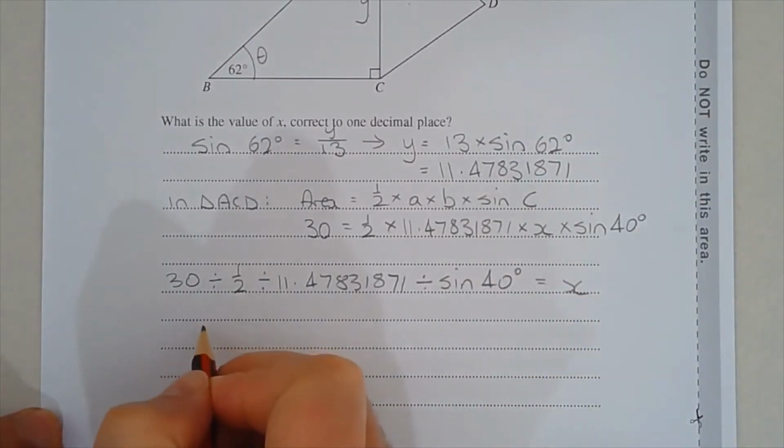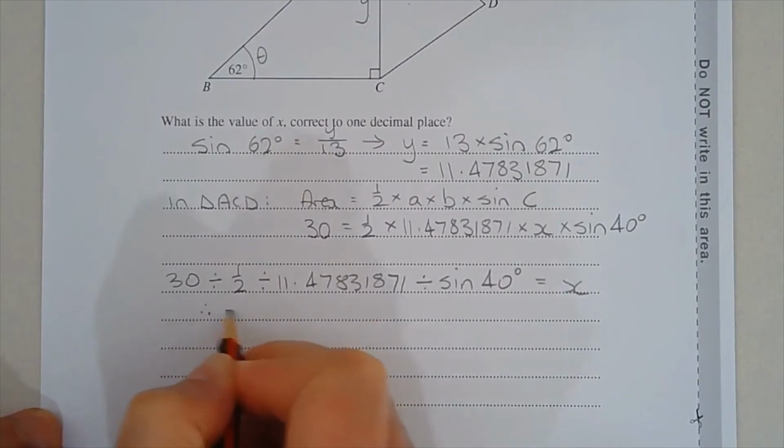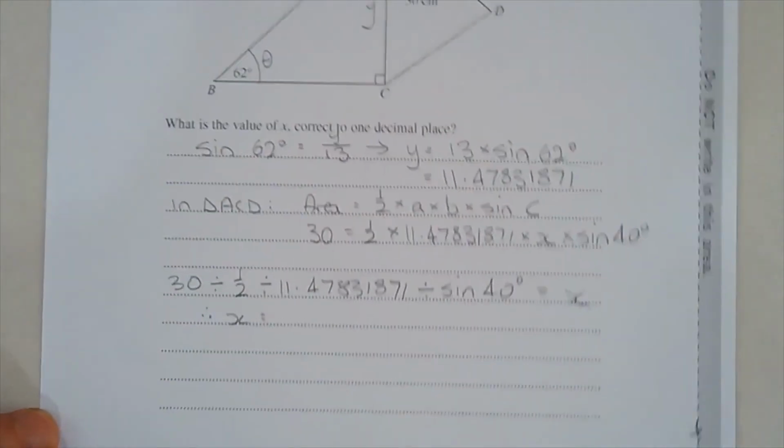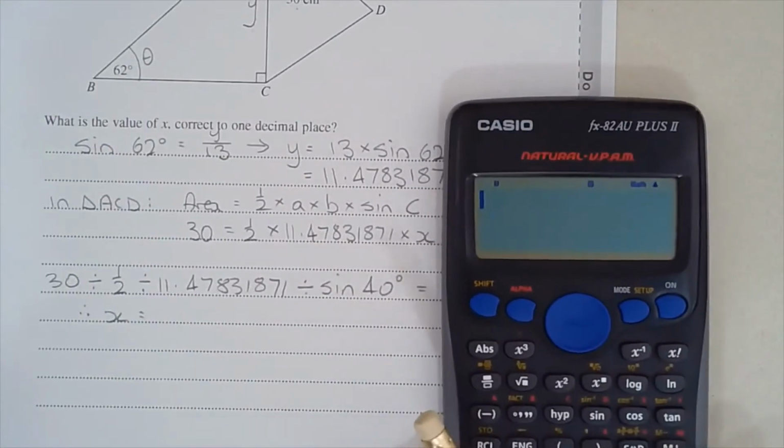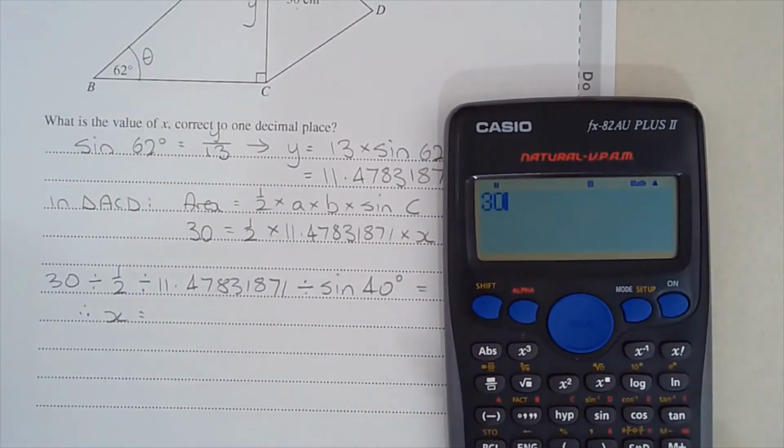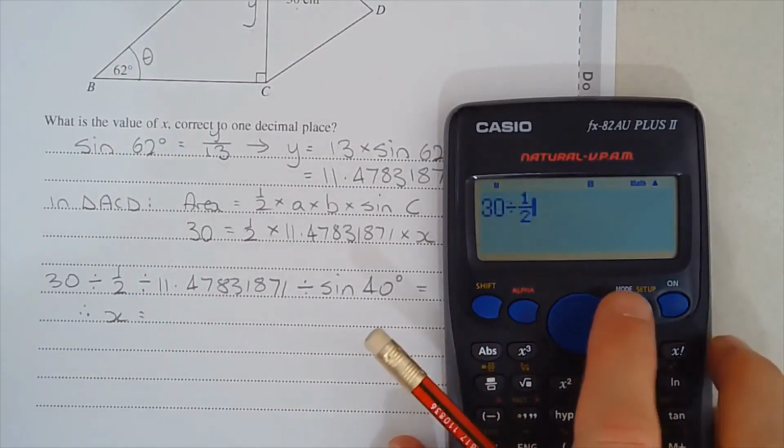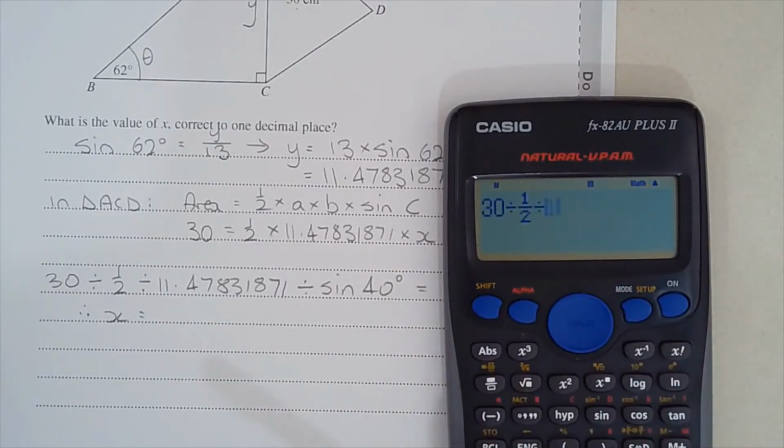Therefore, X equals, I'm going to enter all that into the calculator. So 30 divided by half, divided by 11.47831871. Do not rush this. Divided by sine of 40.